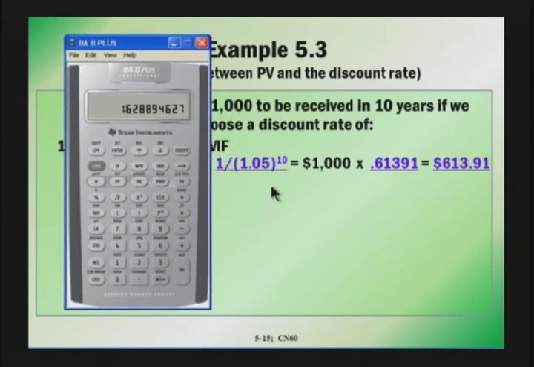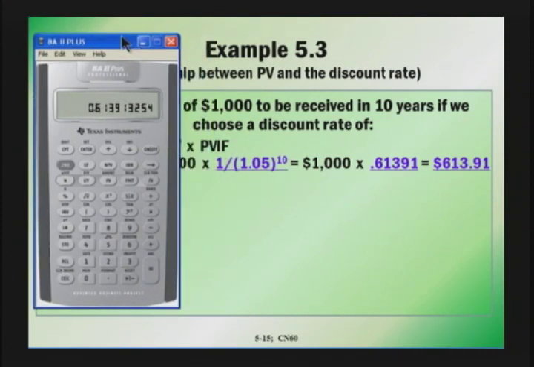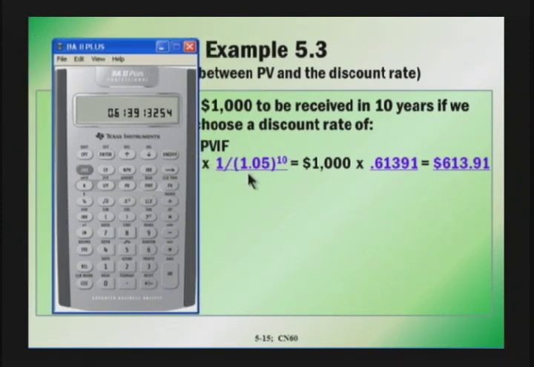I need the inverse of that so that I will have a present value interest factor. So I can simply invert that result by pressing the 1 over x key. And that is this present value interest factor here. 1 over 1.05 to the 10th power is 0.61391.